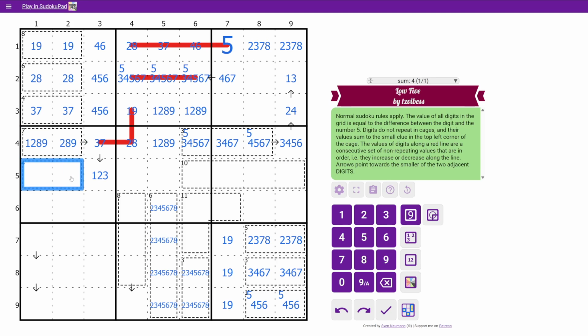This could be one of the 4s, which would be either 1 or 9 with a 5, or it could be a 2 or a 3 as well.